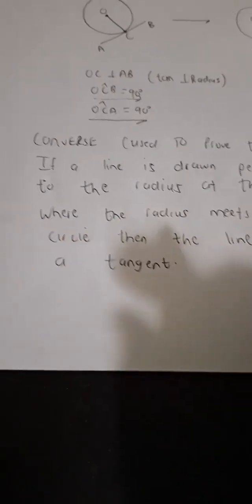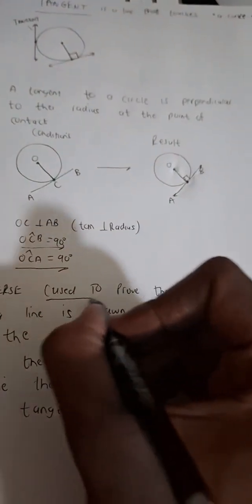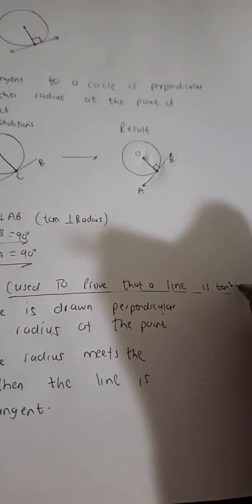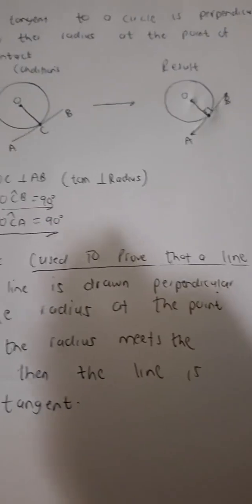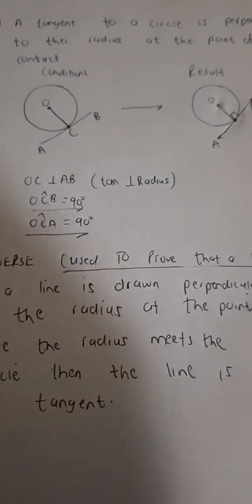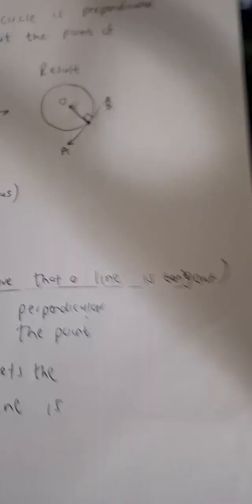And you'll remember I said that this theorem is very much applicable whenever we are asked to prove that a certain line is a tangent. When I do the proof types, I'm going to bring in all these converses and explain them further so that you can see their relevance.